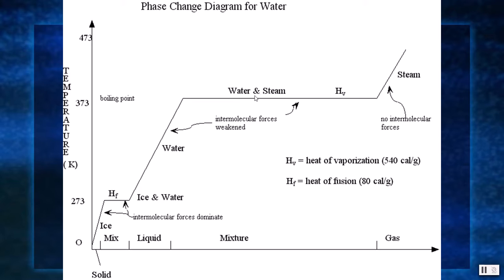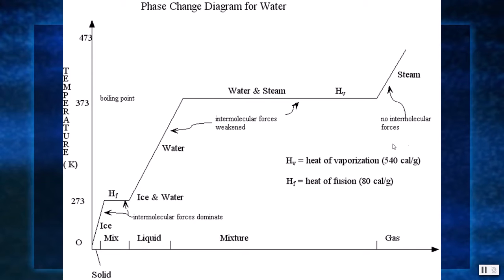As it's boiling, even though the stove is still on and still adding heat, you are not changing temperature. So here we're just adding energy, turning all the water into steam. Once it is all steam, then as you add heat, you will increase the temperature of the steam.